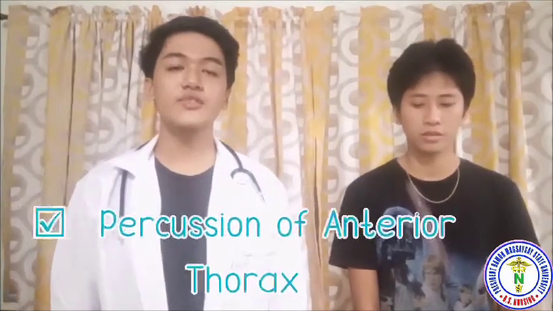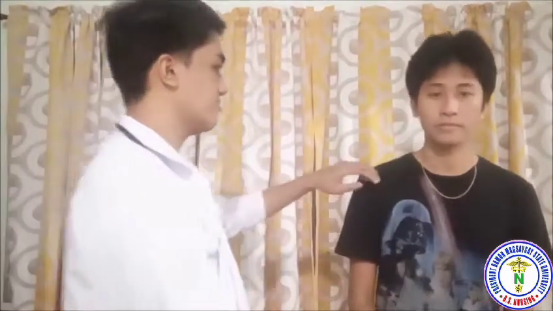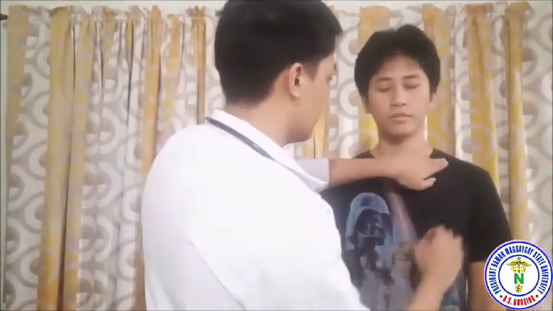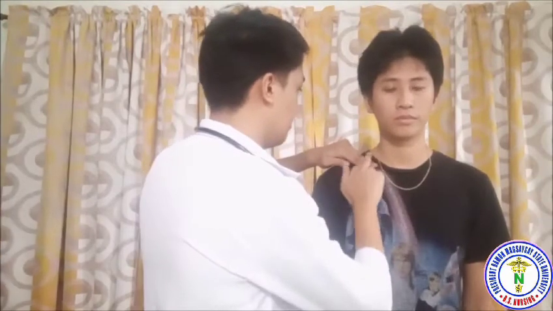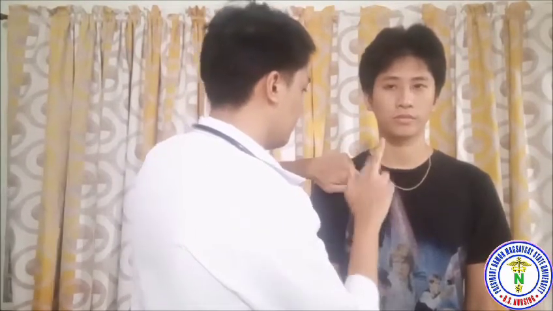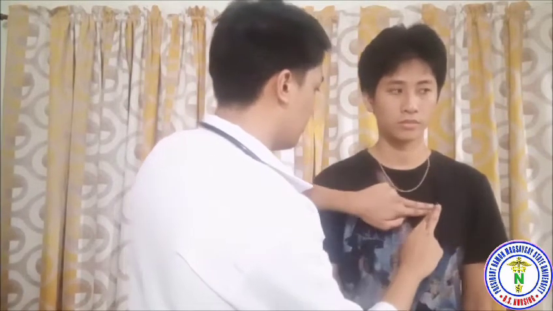Now, let's proceed to the percussion of the anterior thorax. This procedure can detect abnormalities based on the sound produced through percussion. It includes resonant, dullness, stony dullness, and hyperresonant.